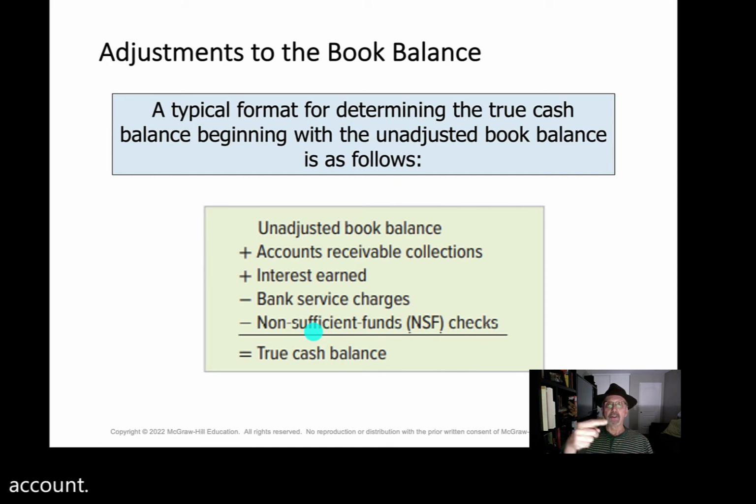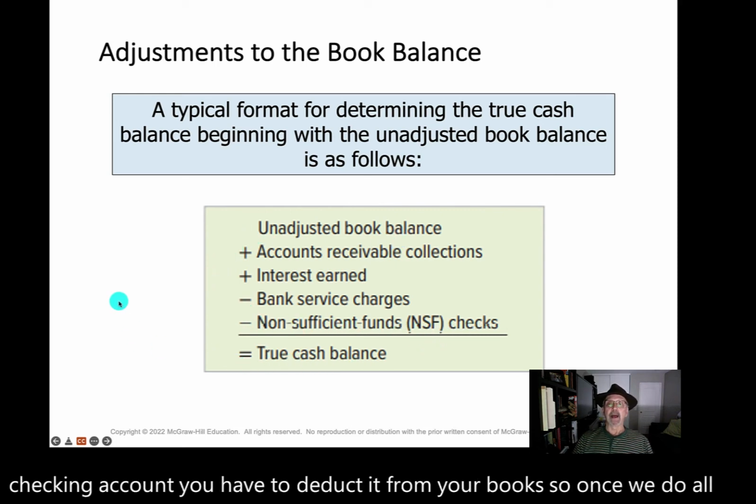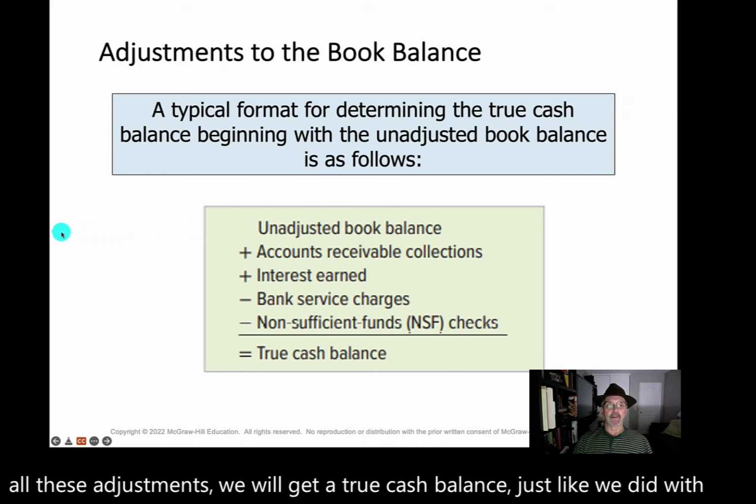So the bank will deduct that NSF from your checking account. You have to deduct it from your books. So once we do all these adjustments, we will get a true cash balance, just like we did with the bank. Hopefully, those numbers are going to be the same.